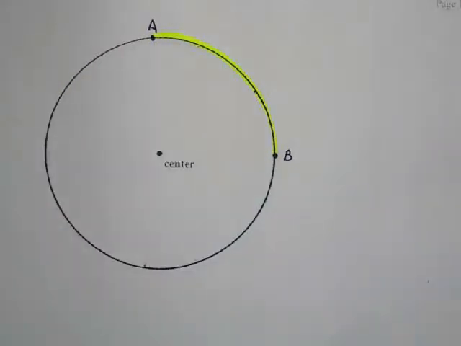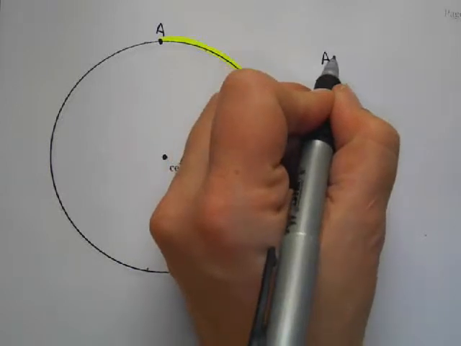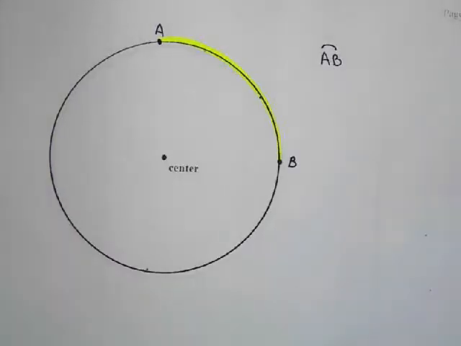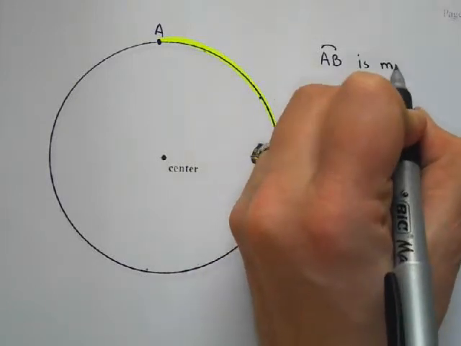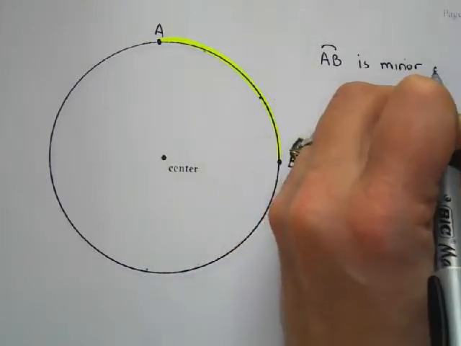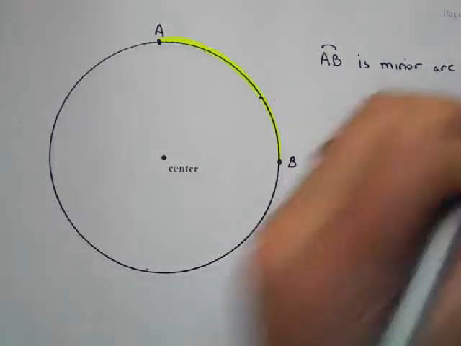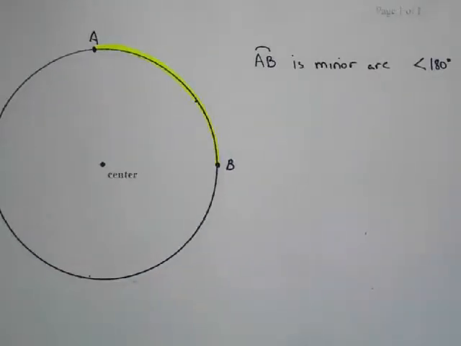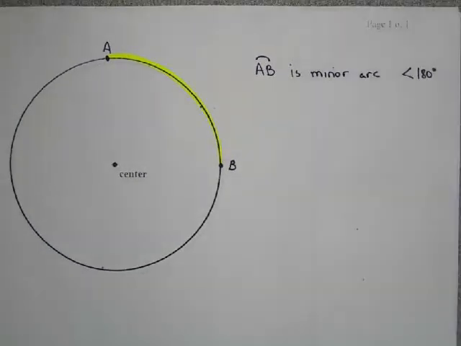It's a part of the circle. So AB, an arc we use, looks kind of like an eyebrow. So AB is a minor arc. The reason it's a minor arc, it's less than 180 degrees. So minor arc, less than 180.